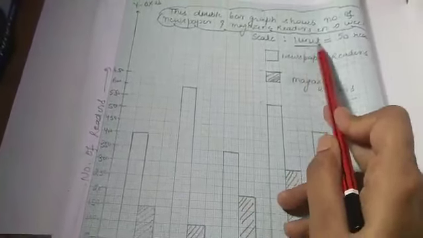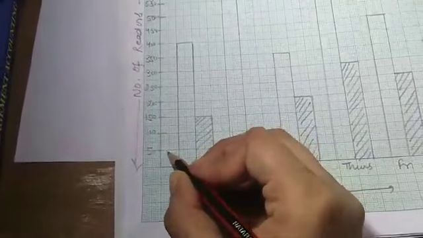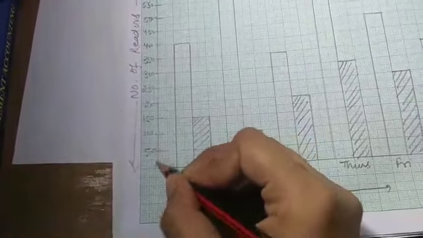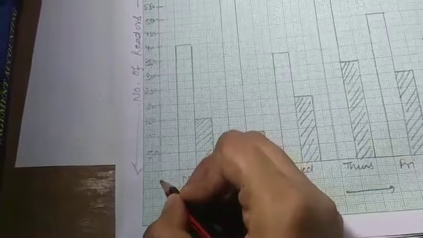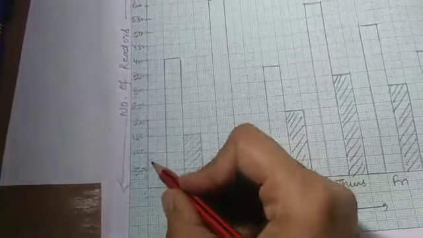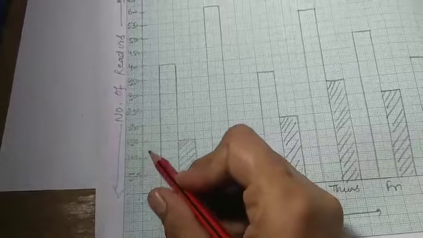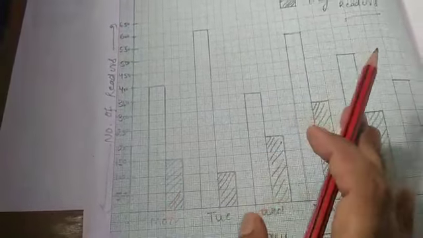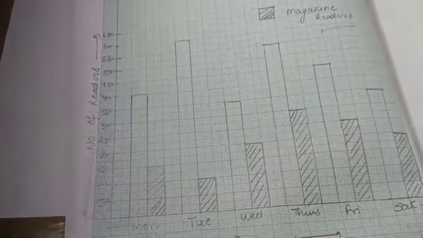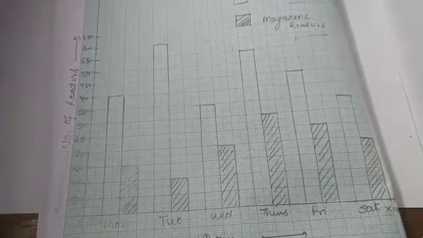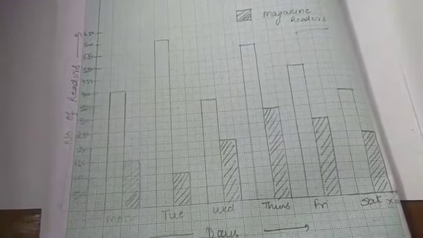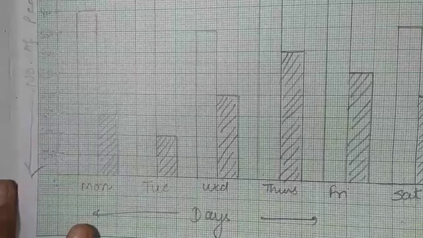Here I have taken 1 unit equal to 50 readers, with equal increments, and then I have represented the data. This I have explained many times, so I hope this is clear to you. So this is the double bar graph.